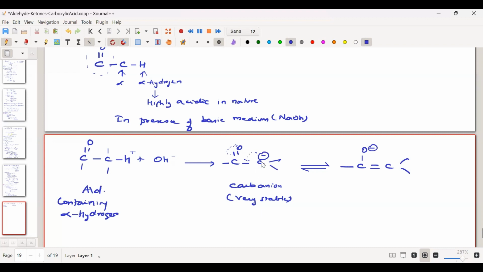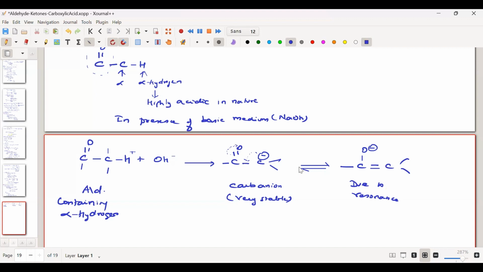But in the carbanion form, it is not going to get this H plus back, because it is itself stable. So this is your resonating structure, due to resonance. This is what is going to come into play with respect to aldol condensation.